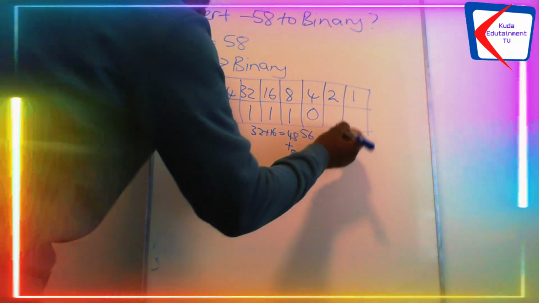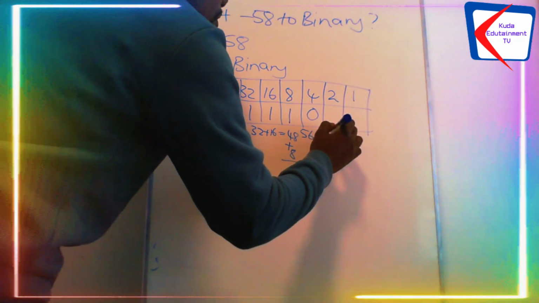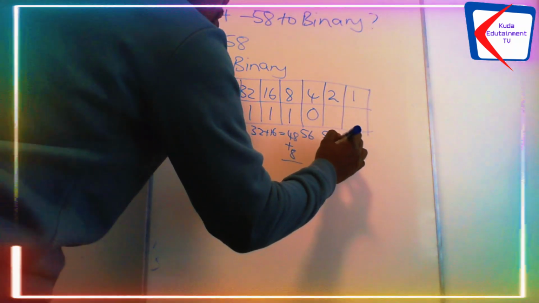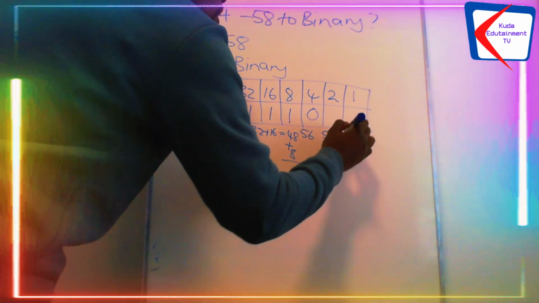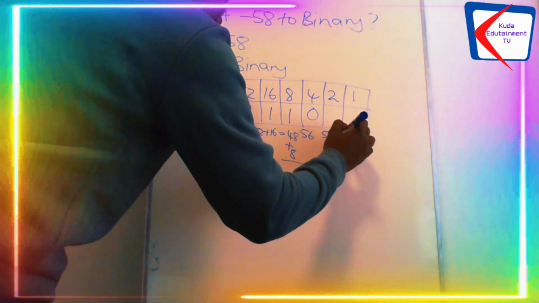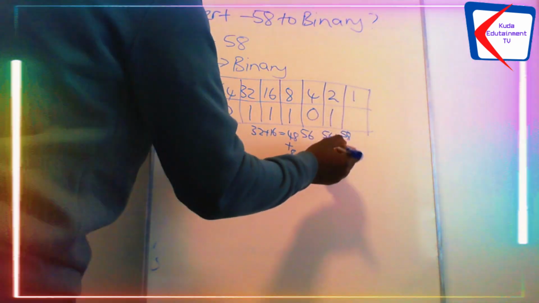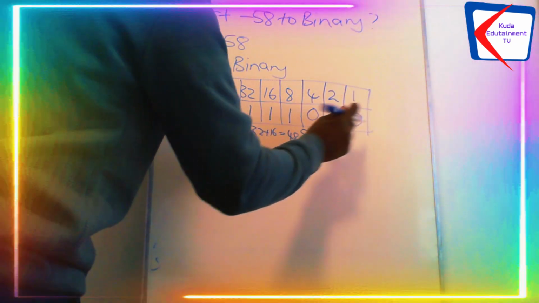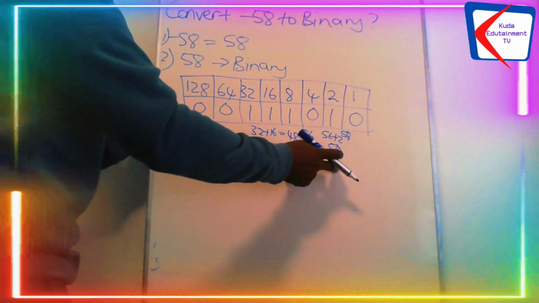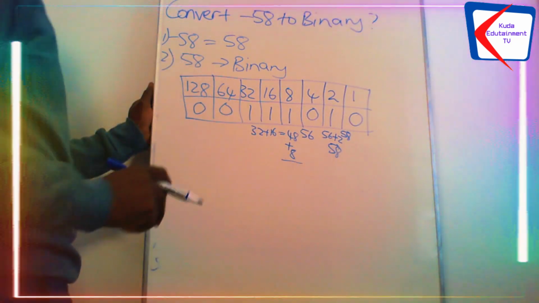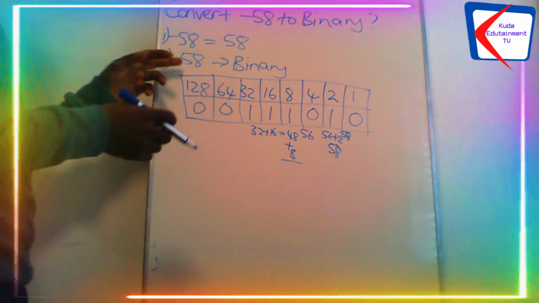And then 56 plus 2 gives us 58. That's where we get 58. So we switch on 2, then we switch off 1, because 58 plus 1 would give us 59, which is greater than 58. So now we have converted 58 to binary.